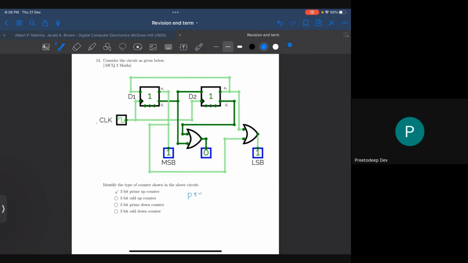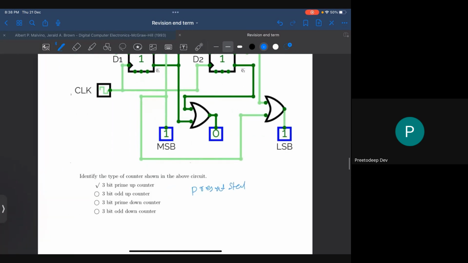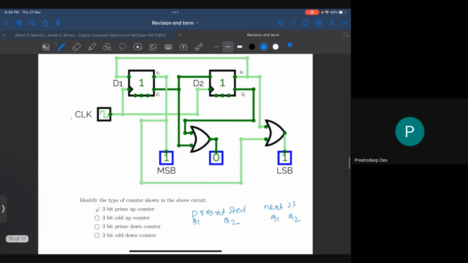So this is the present state, and this is the next, right? So q1 next will be equal to q2, right? First we have to find the value of q1 and q2. Why will q1 next be equal to q2?